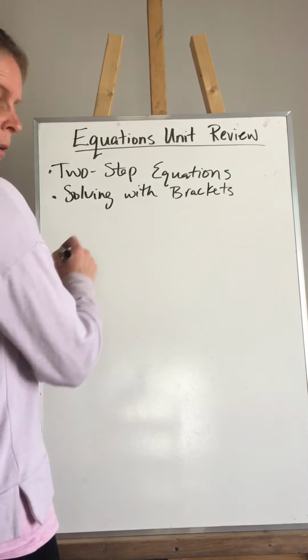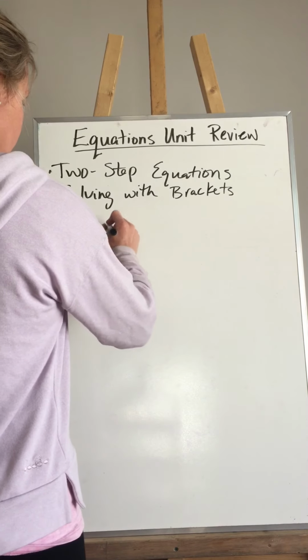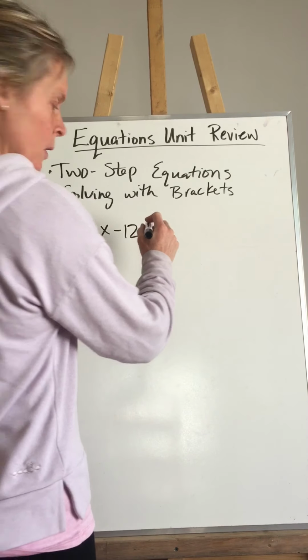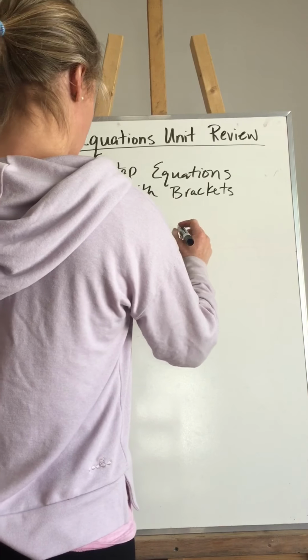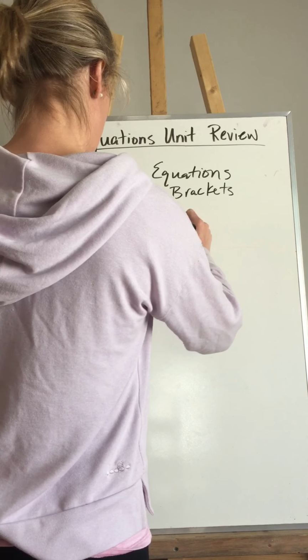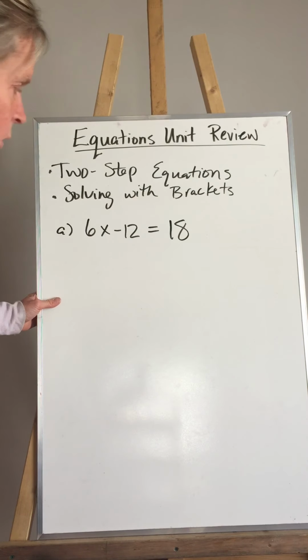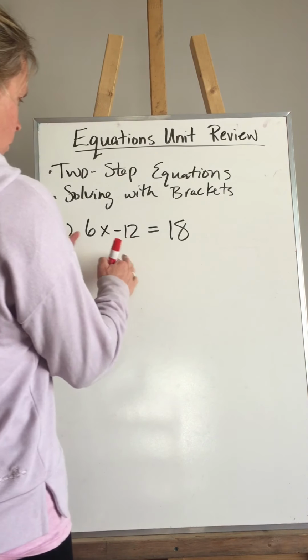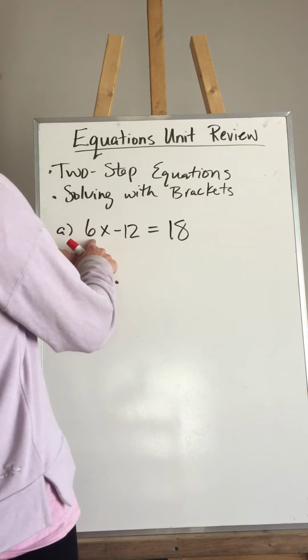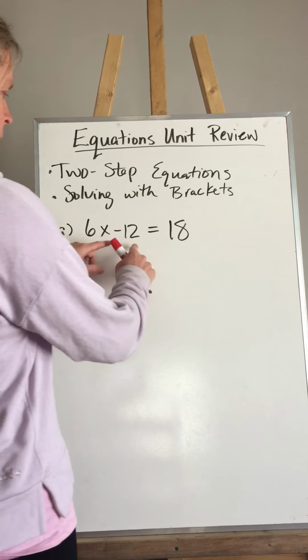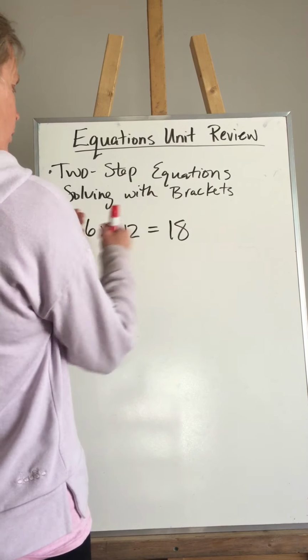So 2-step, 6x minus 12 equals 18, we'll say. Okay, so this is where we know we can't just divide by the 6 in front of the x. Okay, we can move this over, but we're still going to have to divide.